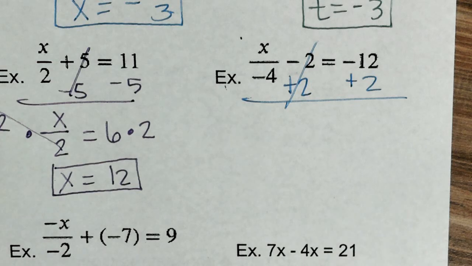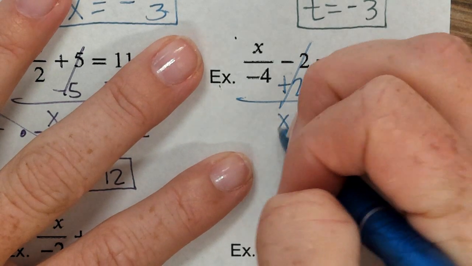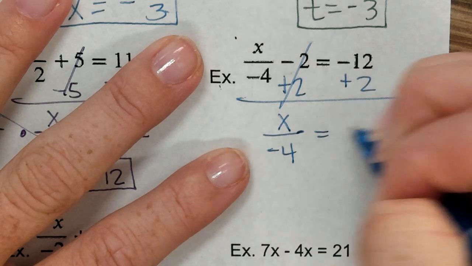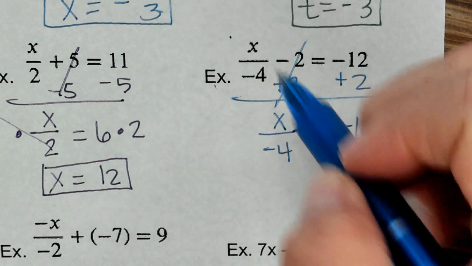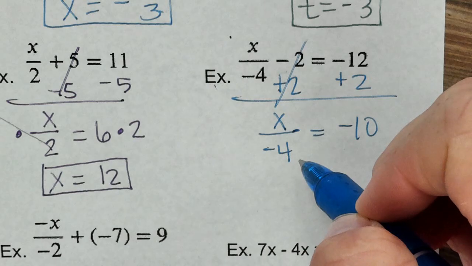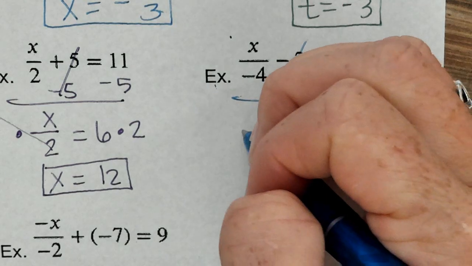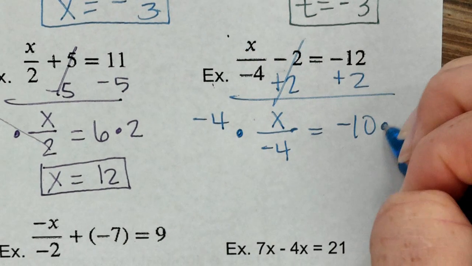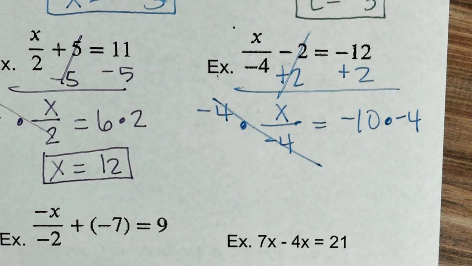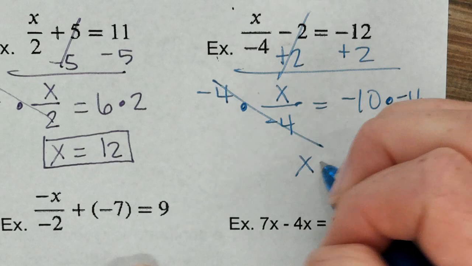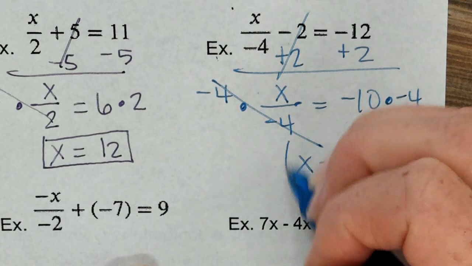You did the wrong operation, basically. All right, so I have x divided by negative 4 equals negative 10, because negative 12 plus 2 is negative 10. How am I going to get rid of dividing by negative 4? Multiplying by negative 4. And I'm just going to show that cancels out. And I'm left with x equals positive 40.